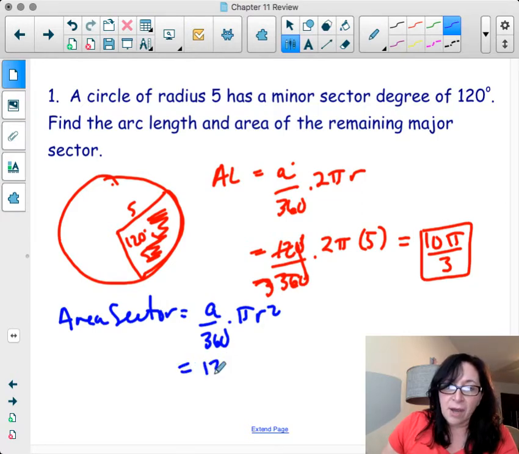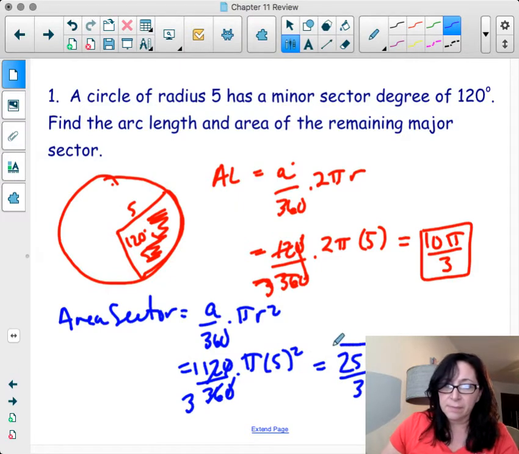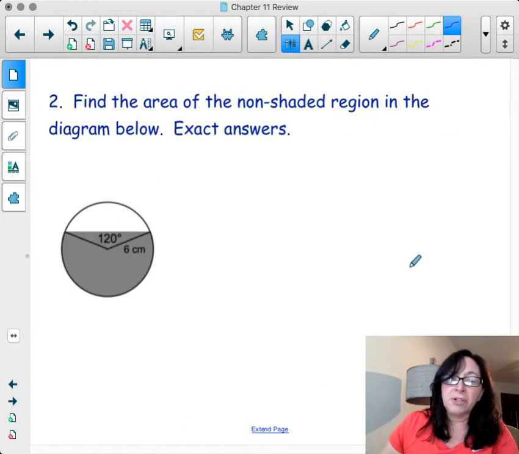So we'd say 120 degrees over 360 times pi times 5 squared. Again, this cancels and becomes 1 over 3. We're going to have 25 pi over 3, and this is units squared. Okay, that's our area.